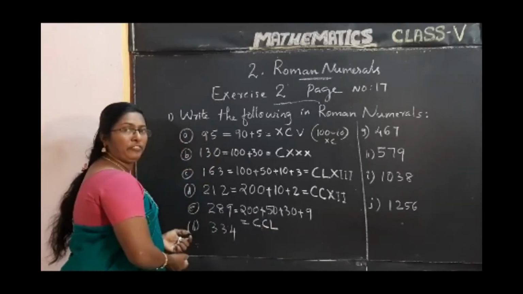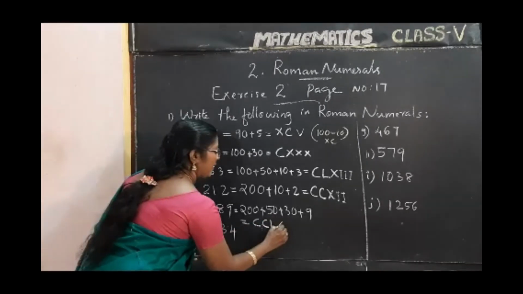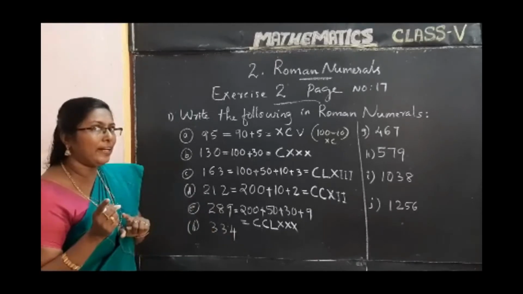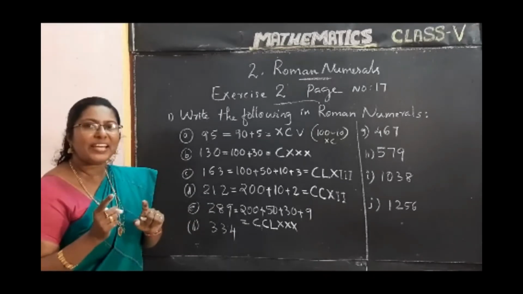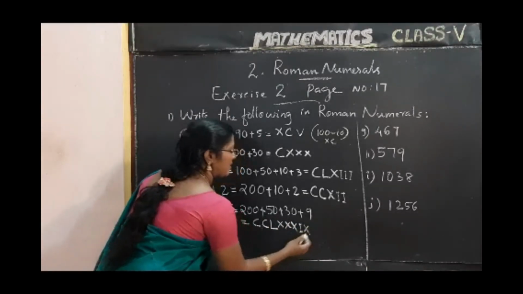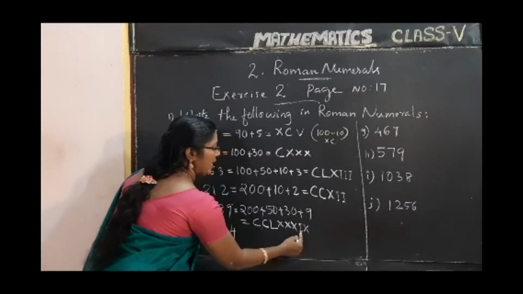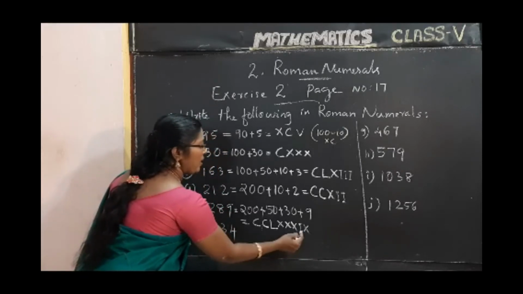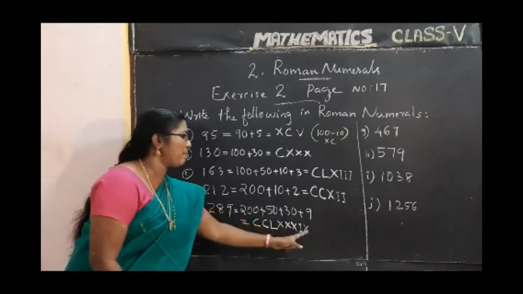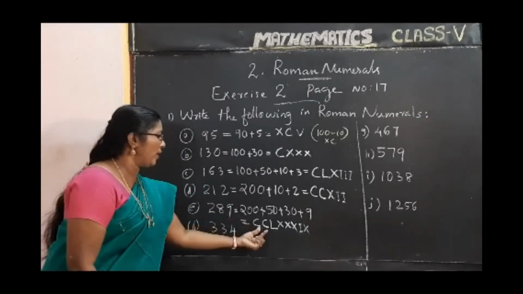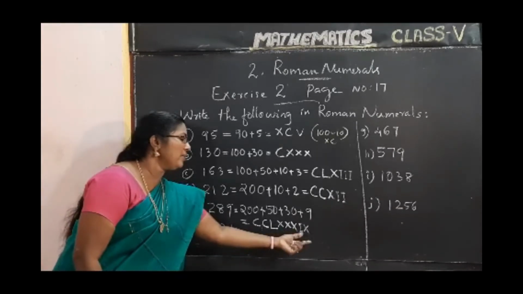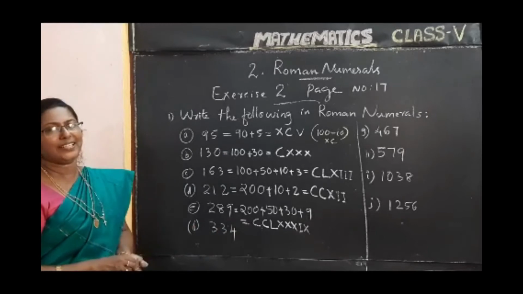L denotes 50. Again 30. 3X makes 30. And 9. How do you write 9? Yes, 10 minus 1. That is IX. X denotes 10. The left side is a smaller symbol, I. That means 10 minus 1, 9. 200 plus 50 plus 30, 80 plus 9, 289.